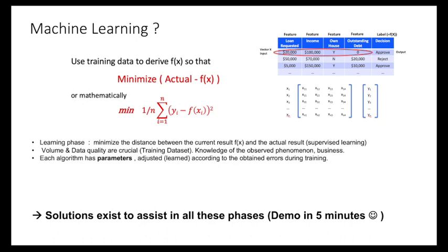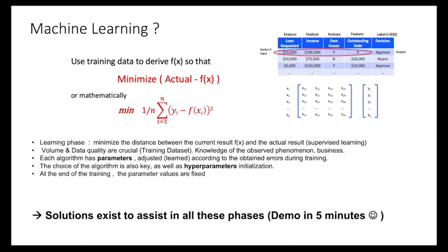So each algorithm has parameters that will be adjusted during the training phase. So you have the choice between several algorithms. So based on your case, you have several kind of classes of algorithm that could be more efficient. And at the end of the training, you optimize this distance based, and you adjusted at each iteration the parameter values.